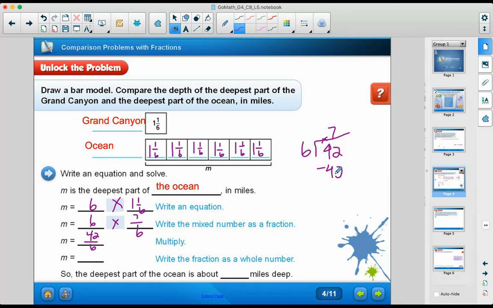Subtract it, and there's nothing left over. So M is 7. So the deepest part of the ocean is about 7 miles deep.